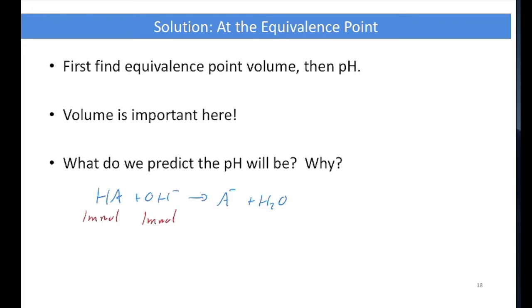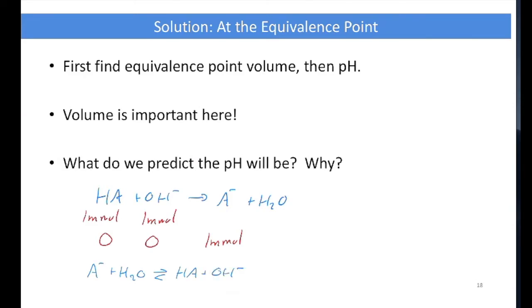Well, all of the OH minus is going to react with all of the HA, and we're going to be left with 1 millimole of A minus, right? Because the OH minus has converted the HA to its conjugate base. So now what do we have? Well, now we have a reaction of A minus plus H2O. We have a weak base in solution now, so that's going to make HA plus OH minus.